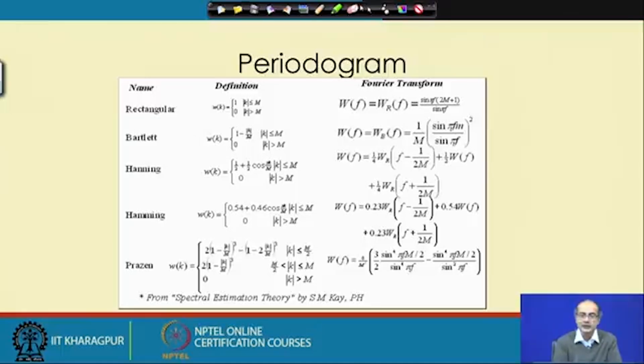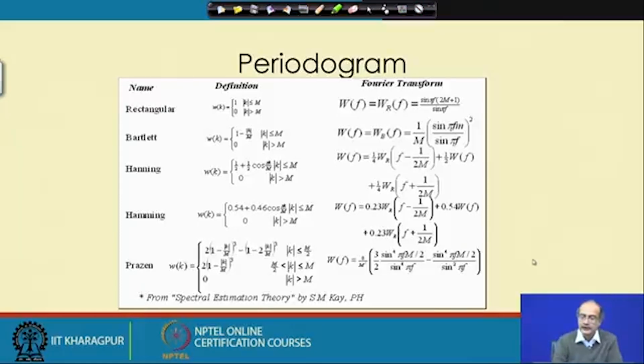Again, if their separation is less than the main lobe width, these two harmonics can become merged. So, you will not be able to separate two harmonics as two different ones, they would look like one single frequency in the periodogram.